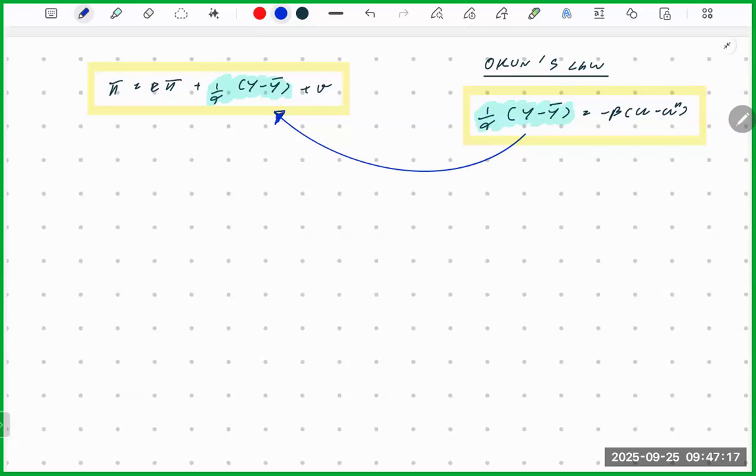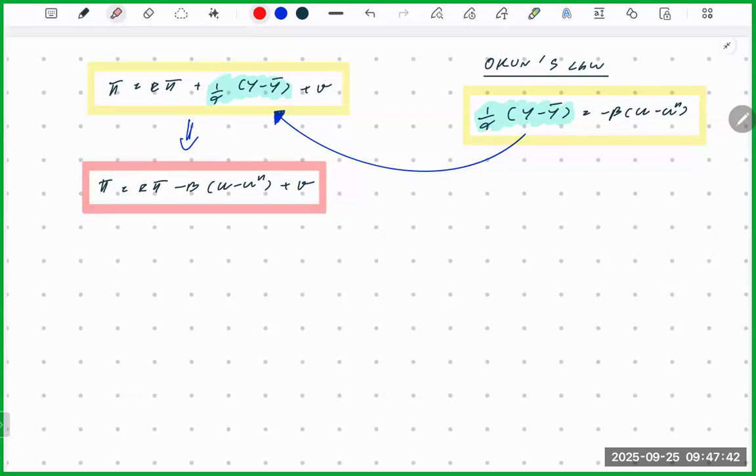Okay. Plug Okun's law into the inflation equation. What you get is pi equals expected pi minus beta times (u minus un) plus v. And this is what we want.